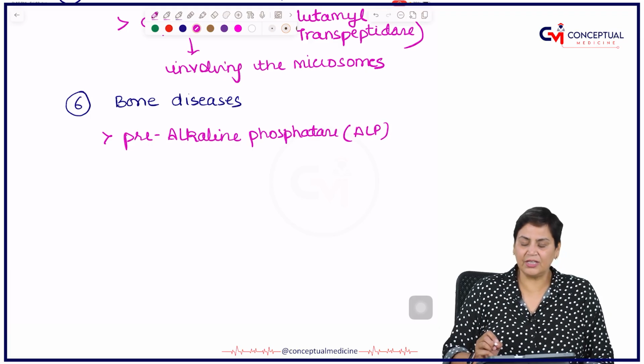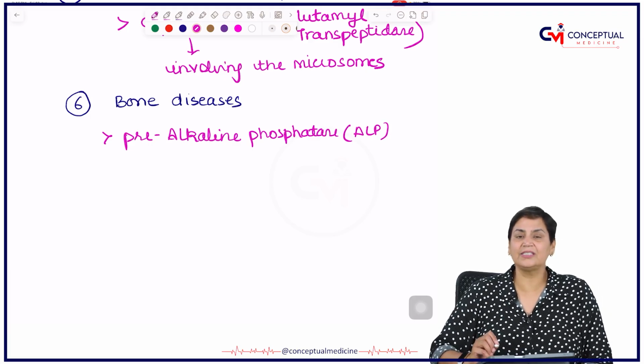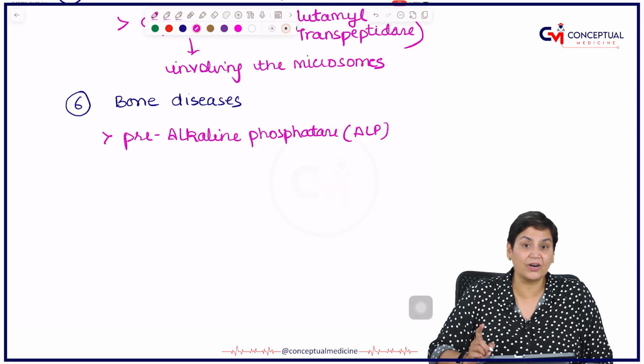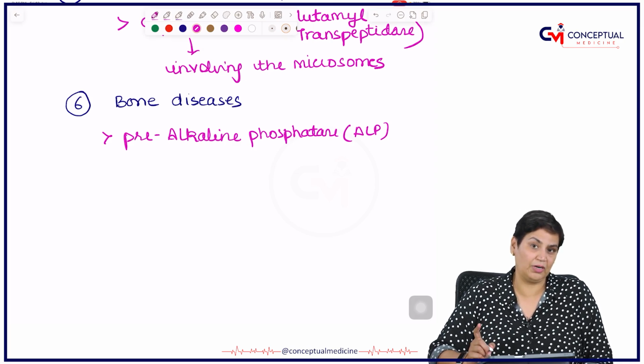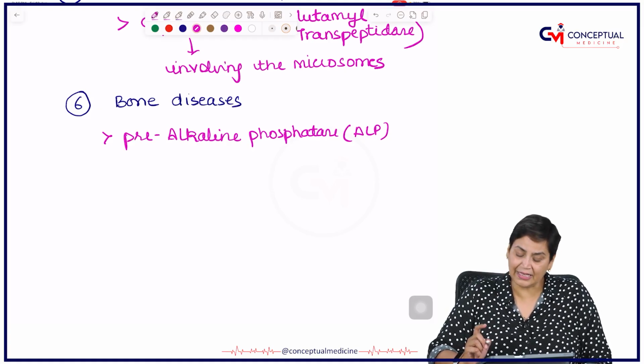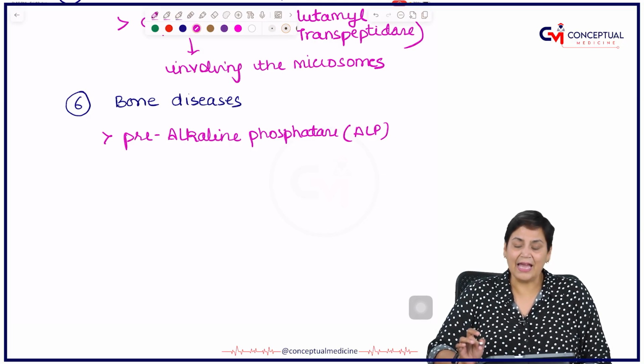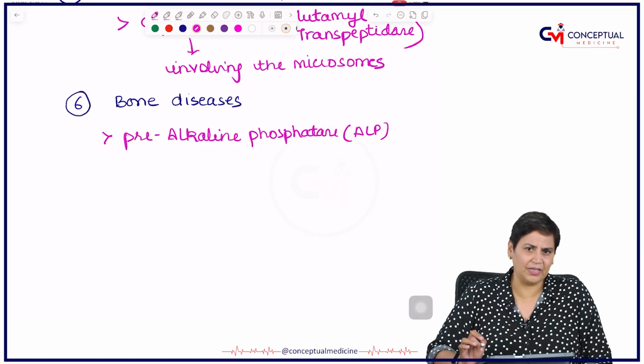And I have already mentioned that ALP is a very important enzyme which rises obviously in bone diseases, and this is a marker of obstructive jaundice also. Very important. If a person is suffering from obstructive jaundice, obstruction of the bile duct will be there, and ALP is the one which also rises in liver diseases. Okay, and it works at a very high alkaline pH. It is like 10.9 or it goes up to 11 also.